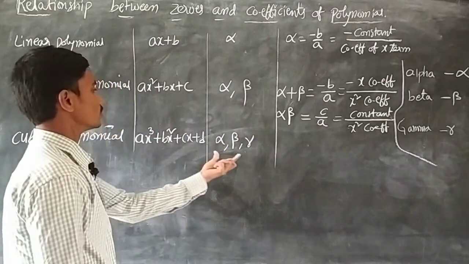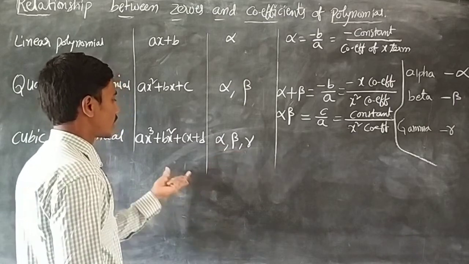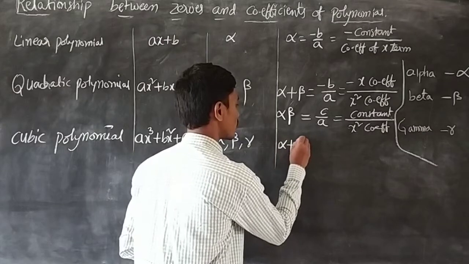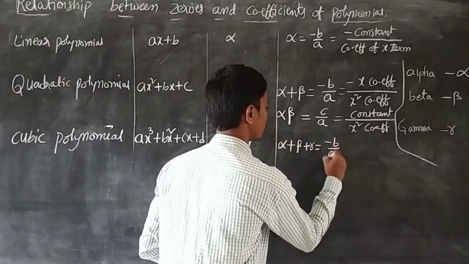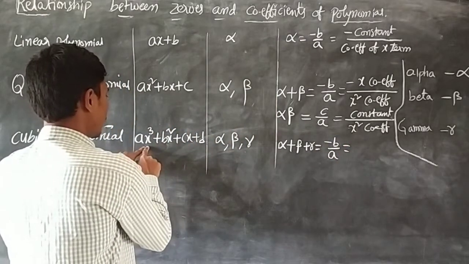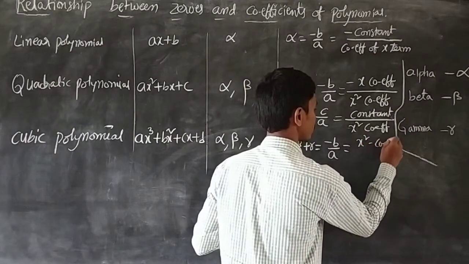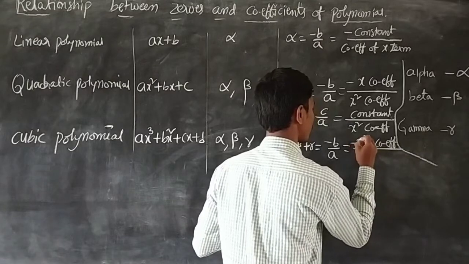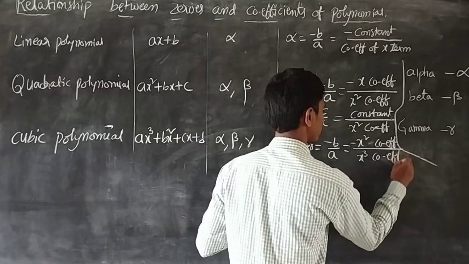So how are the zeros of the cubic polynomial related with the coefficients? The sum of the zeros, alpha plus beta plus gamma, is equal to minus b by a. Here minus b means the x square coefficient by the x cube coefficient, minus of the x square coefficient by the x cube coefficient.